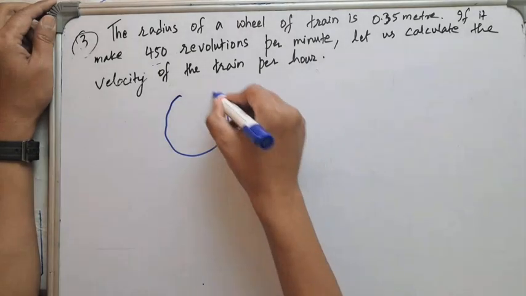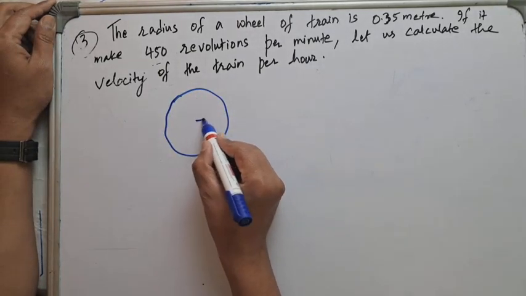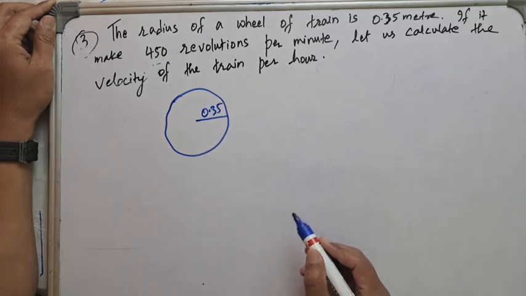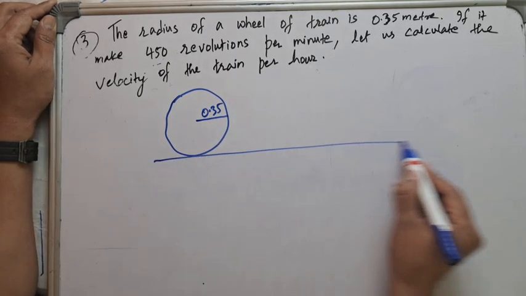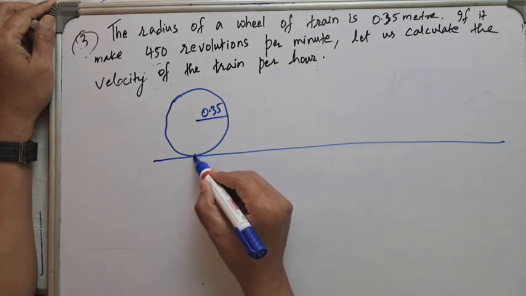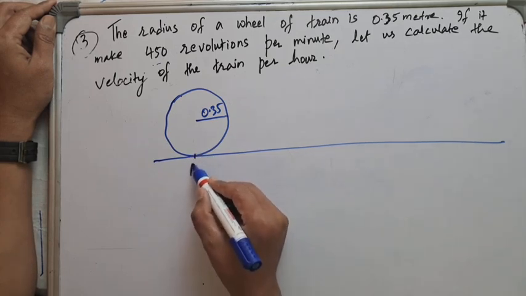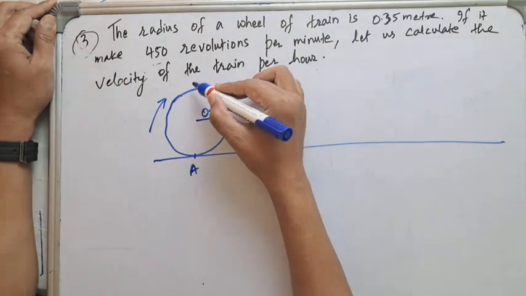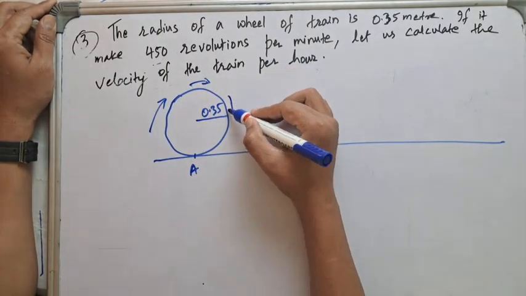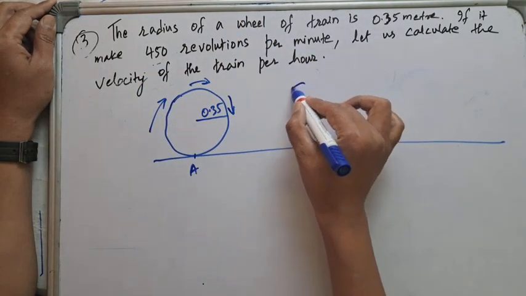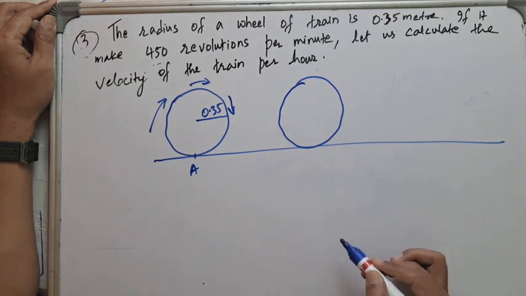Okay, so this is the wheel of the train and this is the radius of the wheel, 0.35 meter, isn't it? Let's suppose this is the ground. Let's mark the part of the wheel which touches the ground as A, and the wheel is rotating in this direction. After some time the wheel reaches this position.